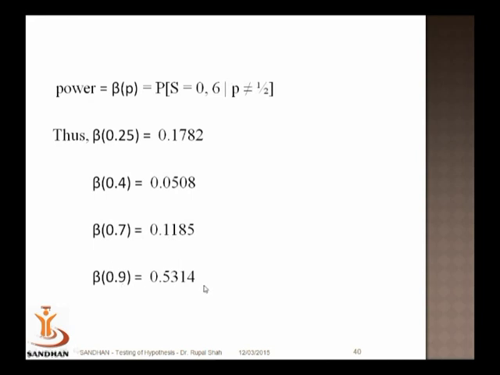That means on either side, as you move from 1 by 2, farther on the left side or farther on the right hand side, your power will increase. Power is less when your p value is near 1 by 2, but as you go away from 1 by 2, power increases. This is the behavior of your test.